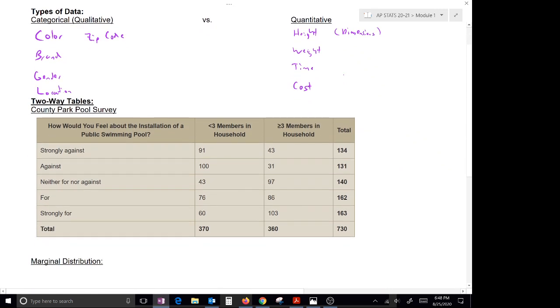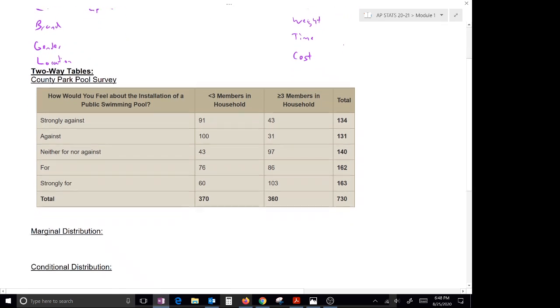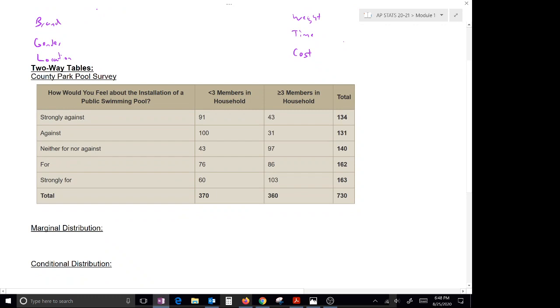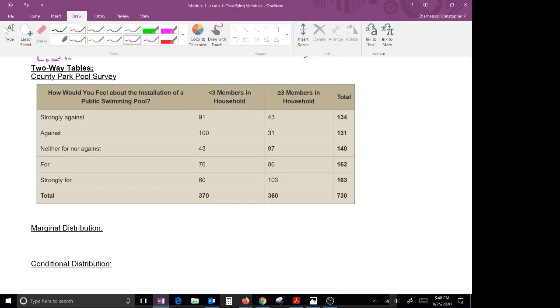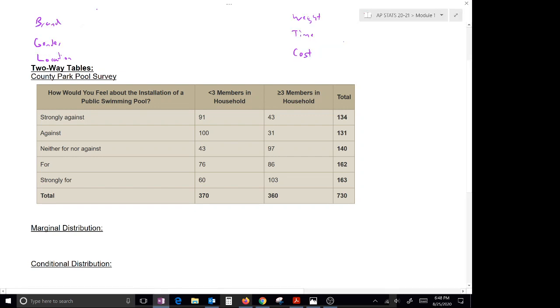Well, let's take a look at some two-way tables. When we're looking at two-way tables, there's two types of numbers that we're looking at. There's marginal distribution and there's conditional distribution. The way to remember is that marginal distribution has to do with what's in the margins. They're the totals in the margins, so they're one dimensional.